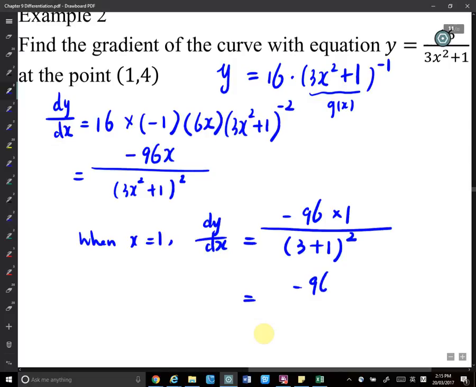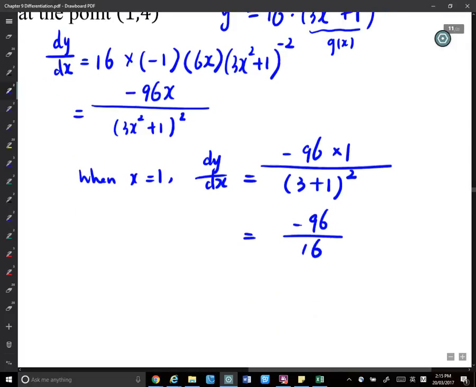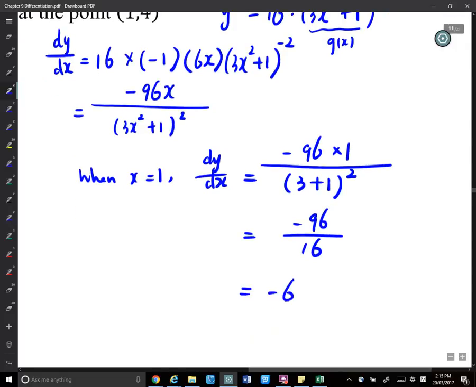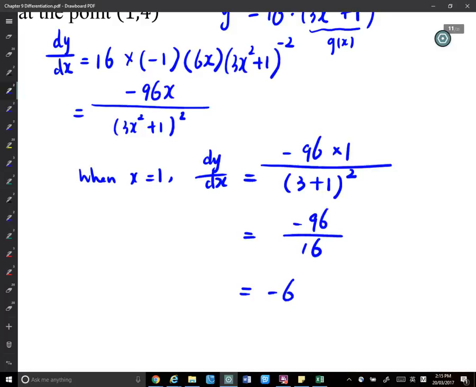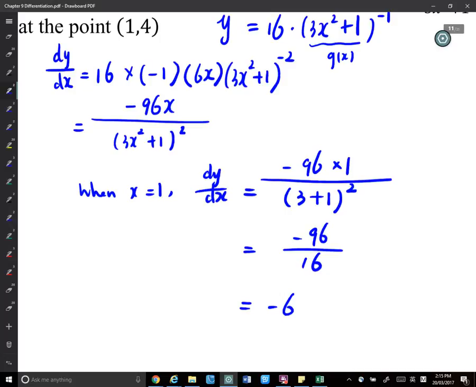So it's negative 96 divided by 16, which equals negative 6. So the gradient at that point is negative 6. That's how you deal with the chain rule.